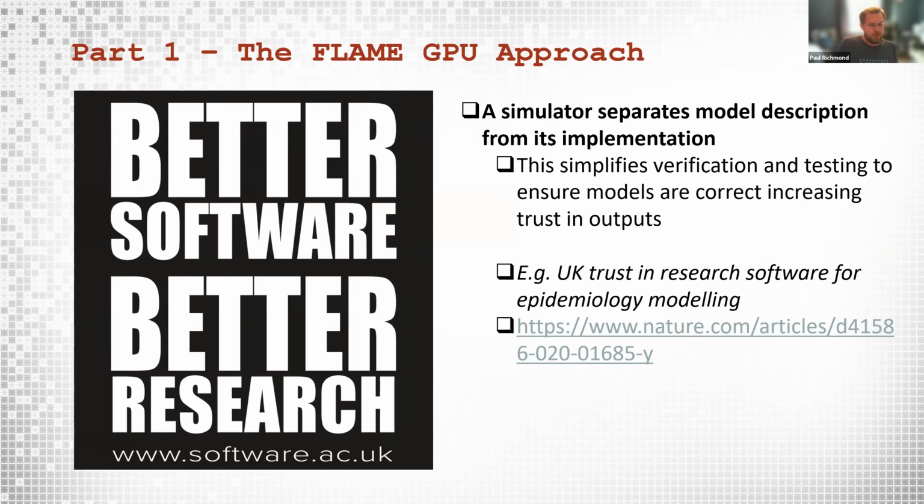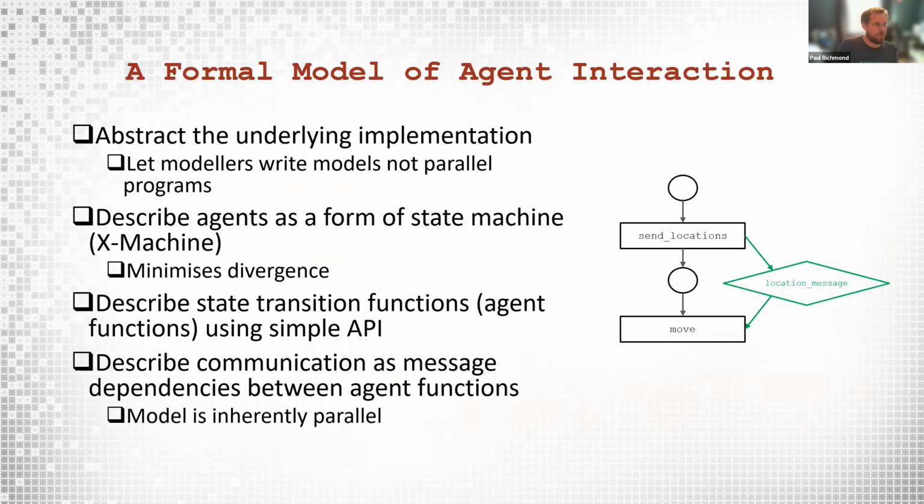FLAME GPU very much wants to solve that by providing separate simulation software that is well tested and performant, and the ability to then describe a model which can be independently verified. To do that, you need a very good abstraction that gives modelers the flexibility they would otherwise have, without coming up against something the framework is unable to support.